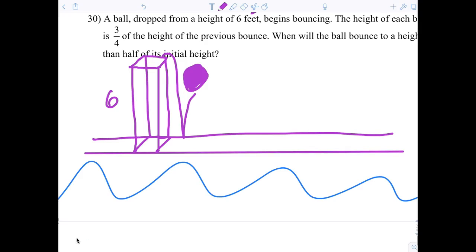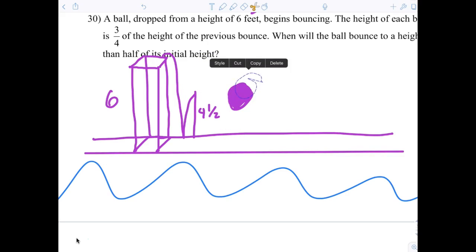What does "of" in math mean? Multiply. So everybody do on their calculator 6 times 3/4. I got 4.5. So now the ball is 4.5 feet high. All right. So now the ball turns around and bounces again.